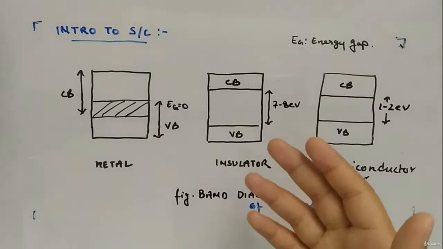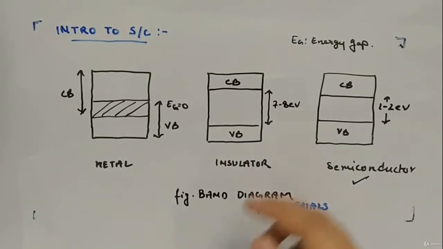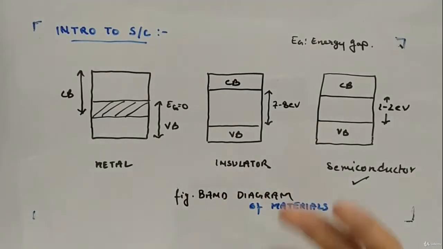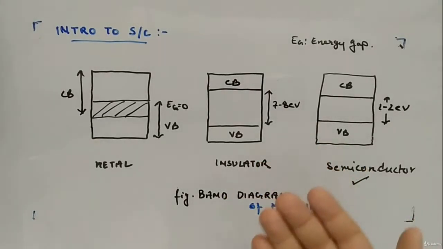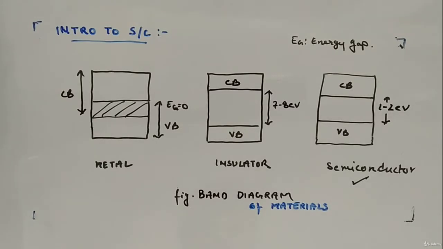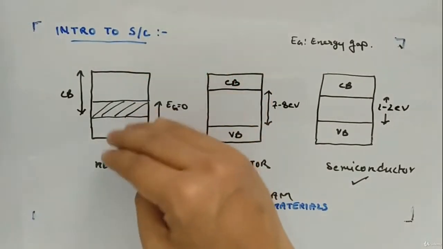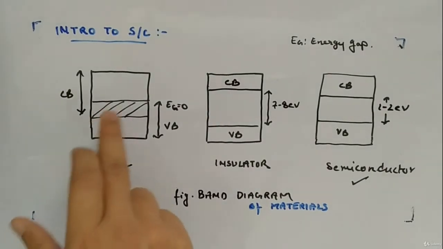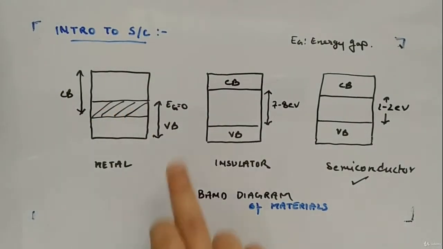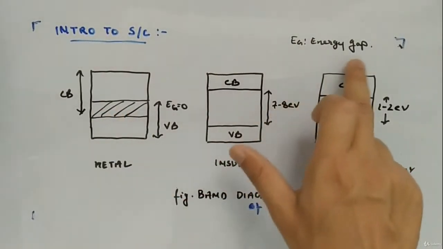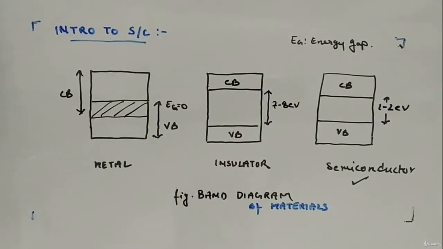So how conductive is it? It can become conductive once we have free electrons and free holes. We can only achieve conductivity by free electrons and free holes. So what is the difference between these three? If you see the valence band and the conduction band here, they are overlapping. This dashed line is overlapping. Eg is the energy gap, and there is no energy gap between them.